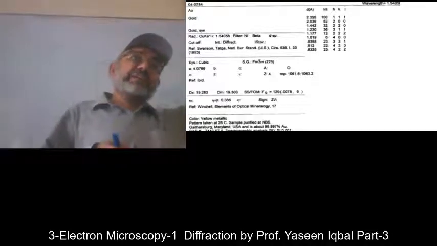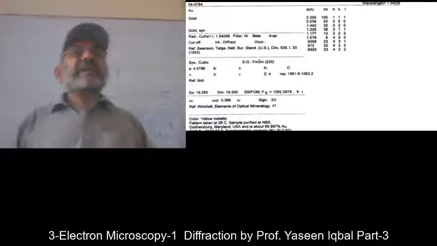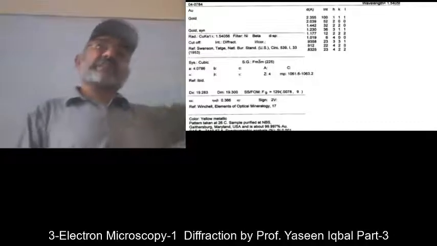If they are matching, then you give the reference and say consistent with that data.